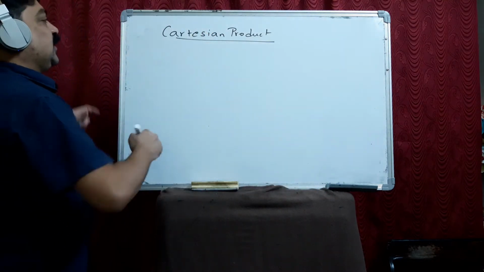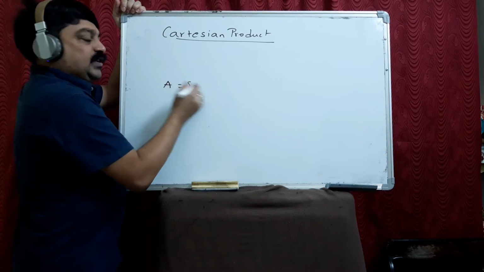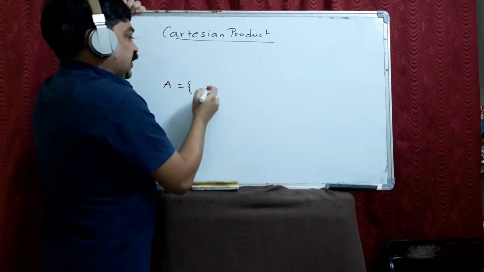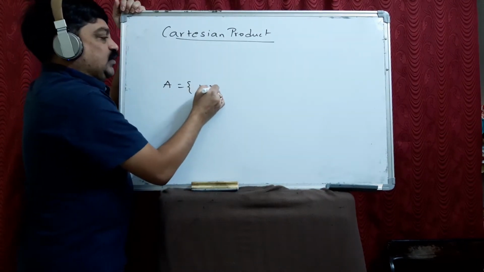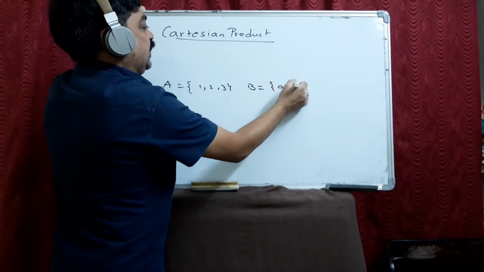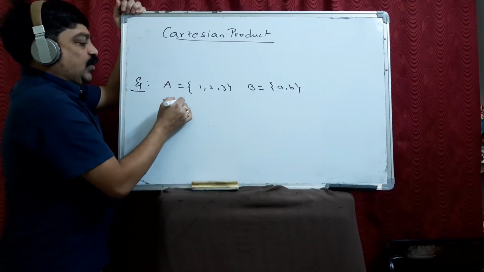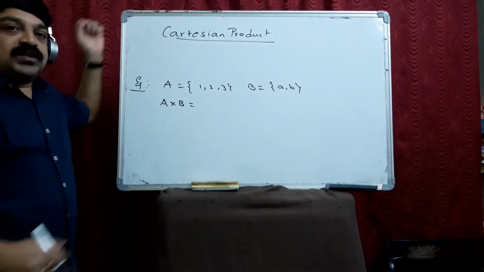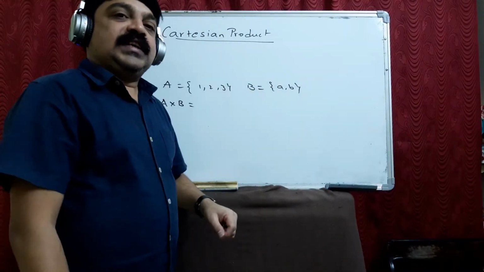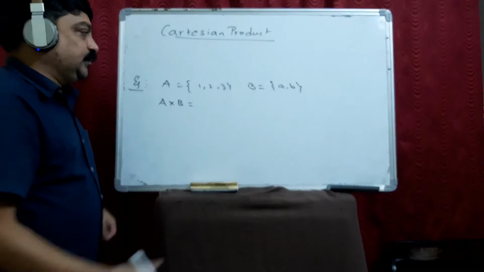First I'll explain the definition with some examples so that we can write the definition. Suppose A is {1, 2, 3} and B is {a, b}. Cartesian product is denoted with A cross B. A cross B means A is a set and B is a set, and A cross B is a Cartesian product.